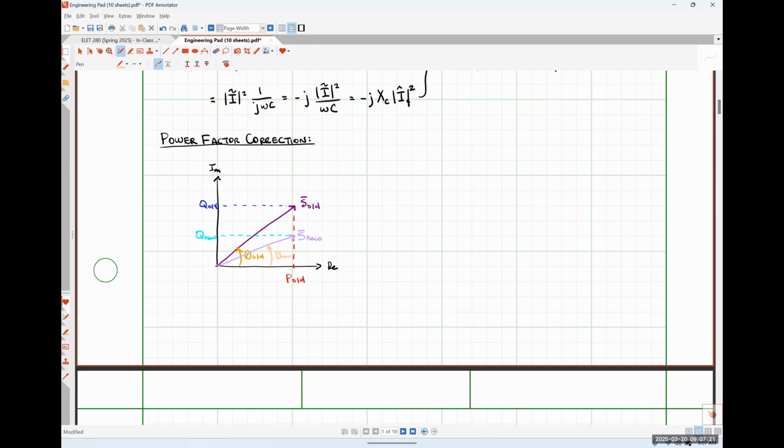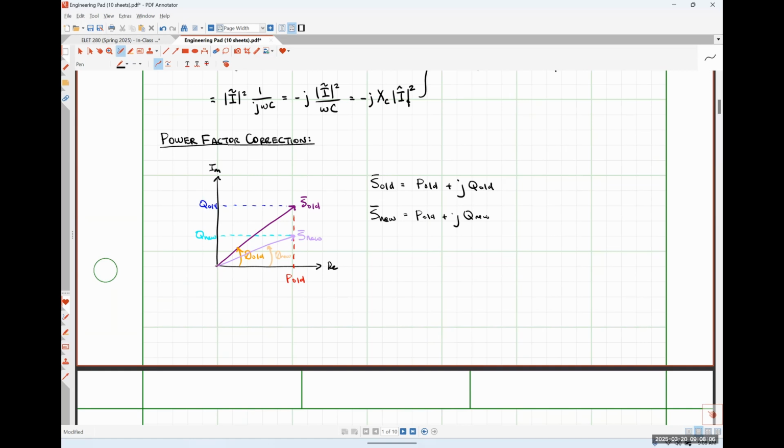So let's look at the math behind this, okay? I'm going to say that S old in rectangular form is P old plus j Q old, right? And that's exactly what I've indicated on my power triangle. And I'm going to say that S new is equal to P old plus j Q new.